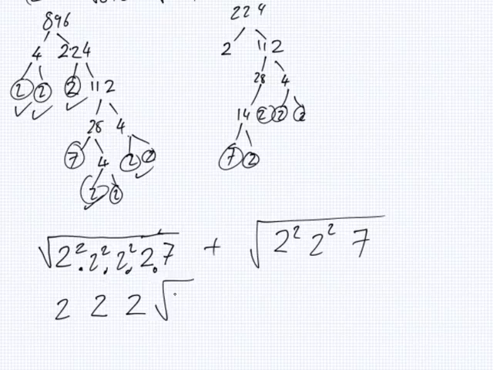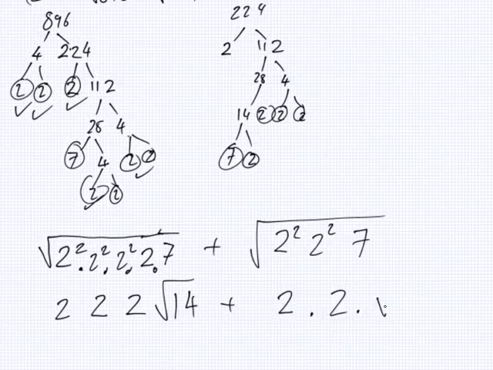root 14, yeah, 2, 7, yeah. Plus 2, 2, root 7. 8 root 14 plus... Oh, something went wrong. I did something wrong. What happened? I feel like something went wrong.